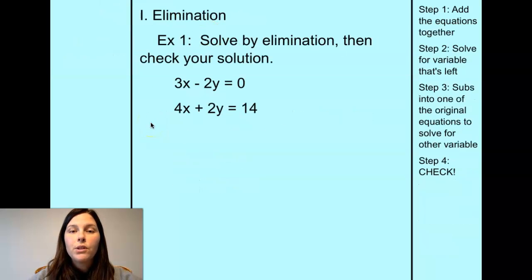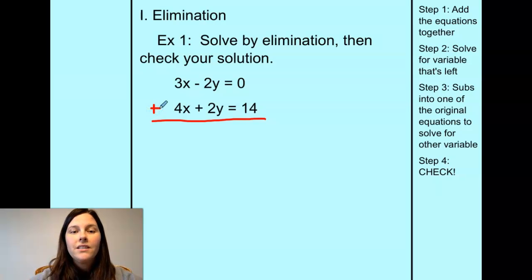So our first example, notice we do not have one variable all alone on one side of the equal sign. So this one is not set up nicely for solving by substitution. Looking at step 1 in that right-hand column, when we solve by elimination, we actually add the equations together. So notice these are lined up so that our like terms are on the same side of the equal sign.